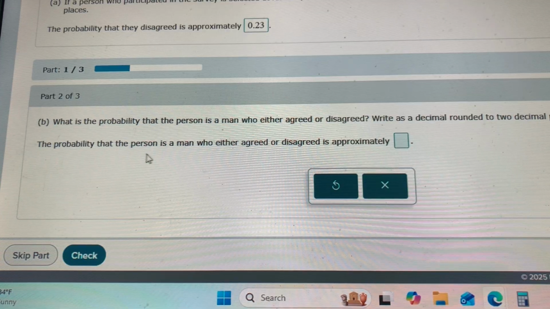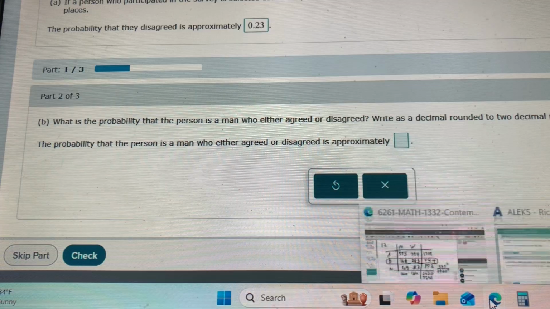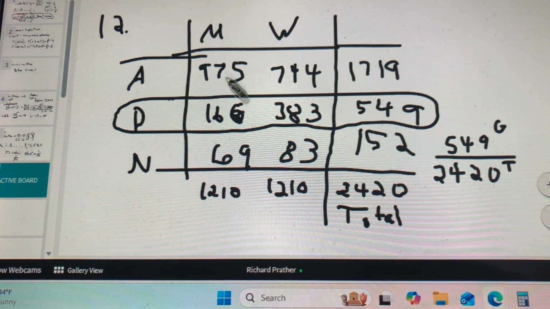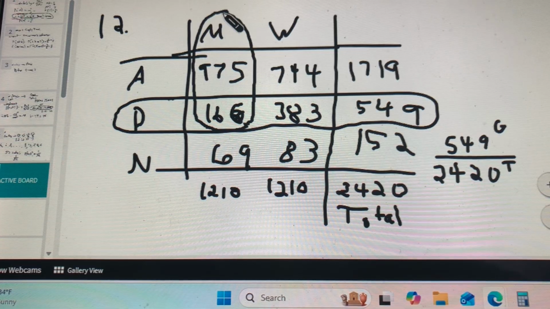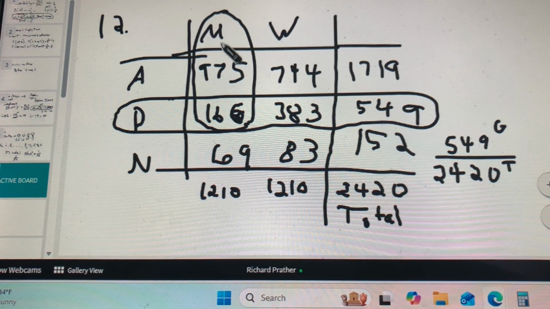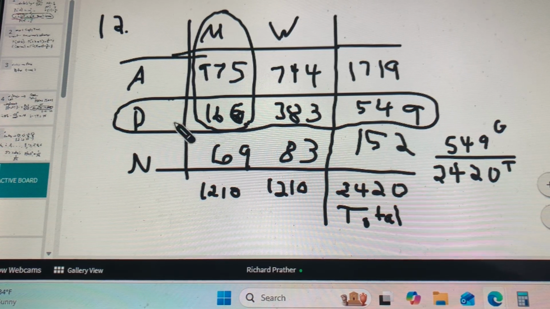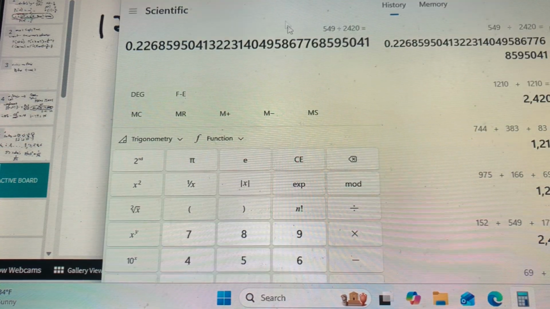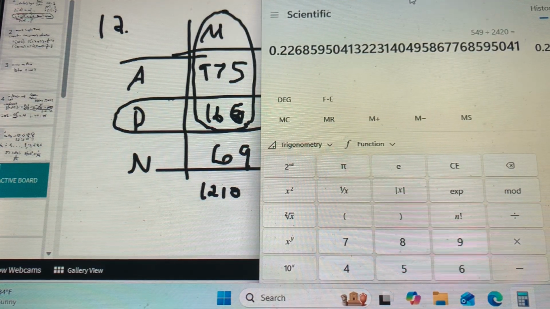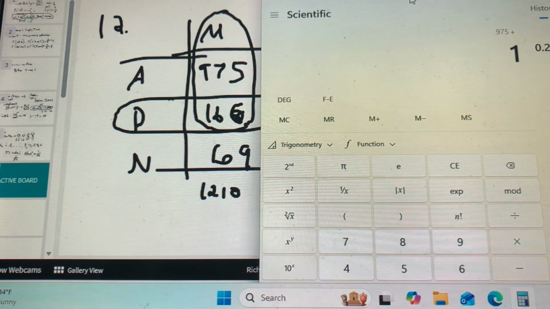What's the probability a person is a man who either agreed or disagreed? A man who disagreed or agreed. So we're talking about these two categories right there. There are 975 men who agreed. There's 166 men who disagreed. So those are the men who agreed or disagreed, not the men who had no opinion.